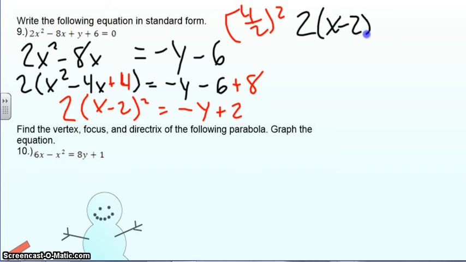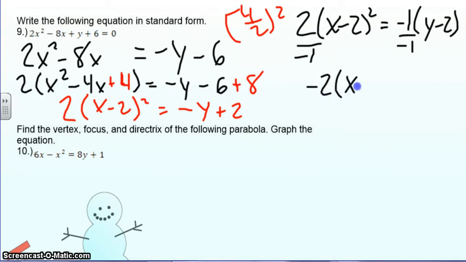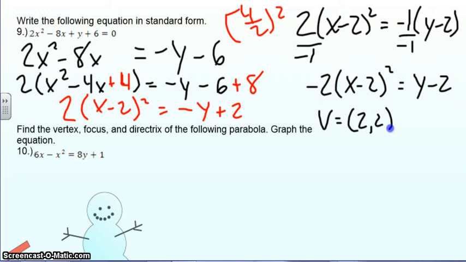X minus 2 squared equals, I'm going to factor out a negative 1, so it's y minus 2, and divide both sides by negative 1. So the number in front of the squared term is negative 2. X minus 2 squared equals y minus 2. So what does that mean? That means the vertex would be 2, 2.